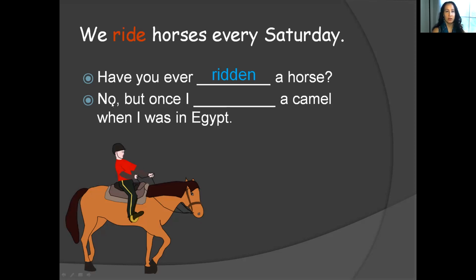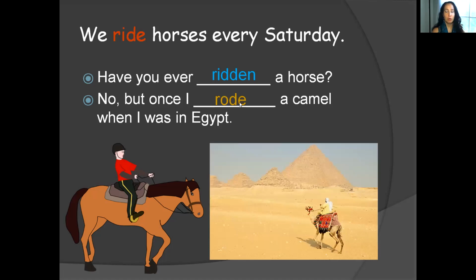Now let's look at this one. No, but once I blank a camel when I was in Egypt. What could it be? Rode. No, but once I rode a camel when I was in Egypt. Okay? Again, these are tricky. So the thing about irregular verbs is you have to memorize them. So when you know there's ride and it's the past tense, that's the irregular here because there's no rule here.